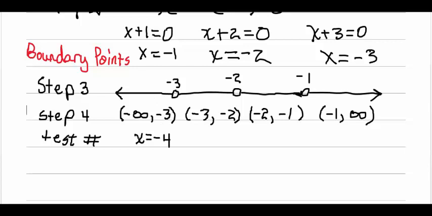And this -4 is going to represent all the numbers in this interval. Here I want to use x equal -2.5 as my test number. Here I want to use x equal -1.5 as my test number. And here I want to use x equal to 0 as my test number.